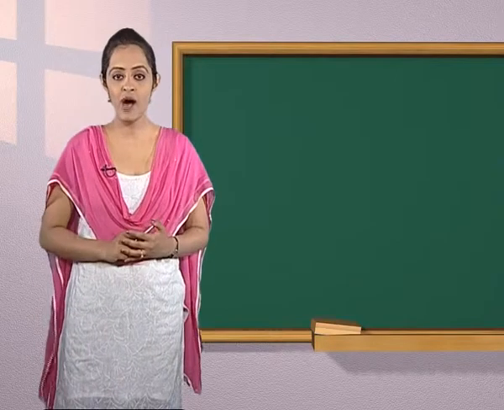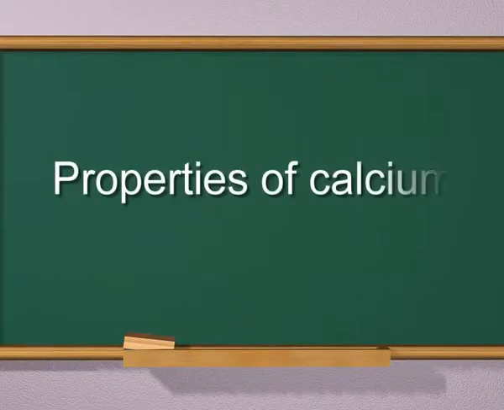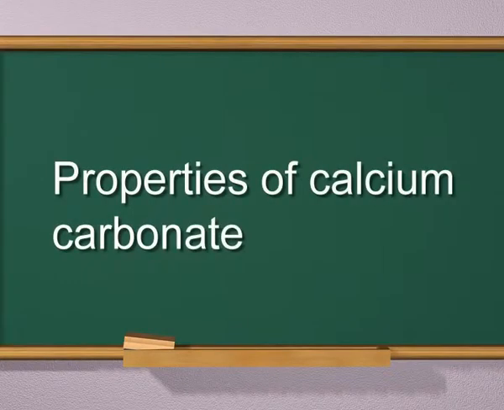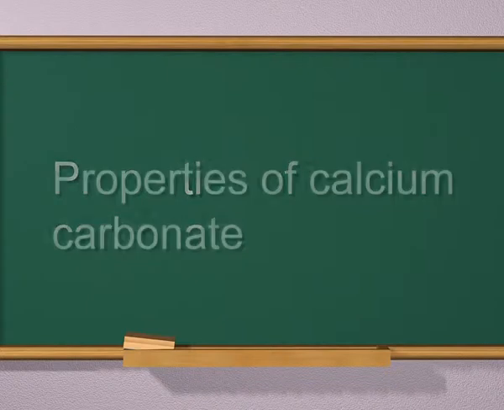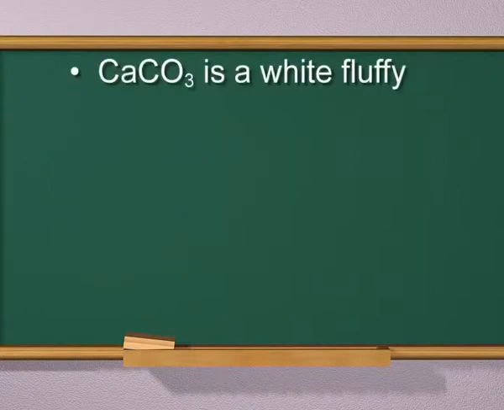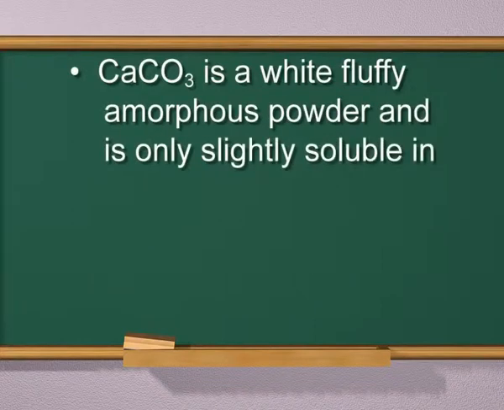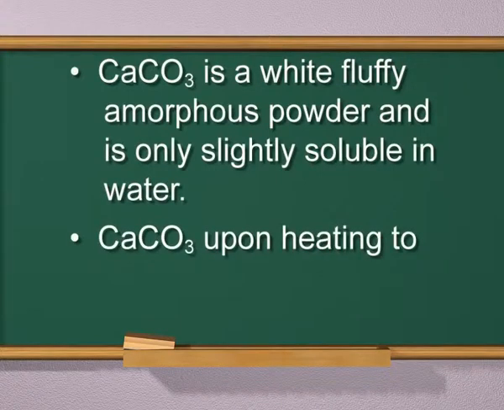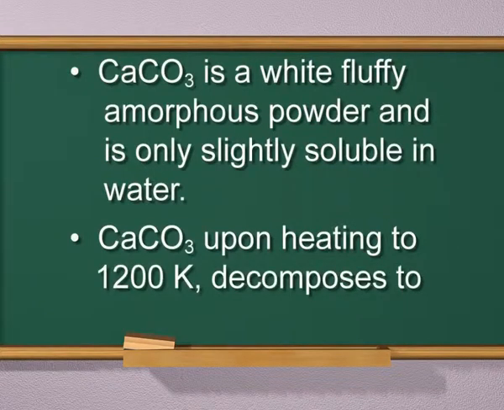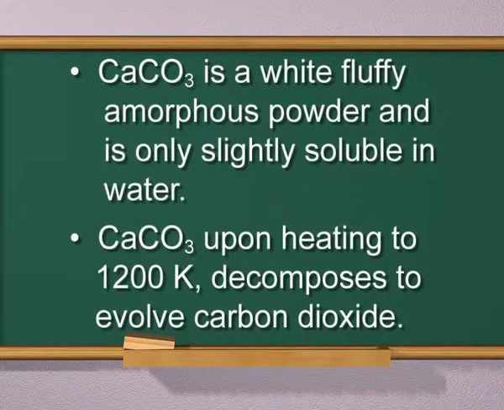Let us now learn about the properties of calcium carbonate. Calcium carbonate is a white, fluffy, amorphous powder and is only slightly soluble in water. Calcium carbonate, upon heating to 1200 Kelvin, decomposes to evolve carbon dioxide.